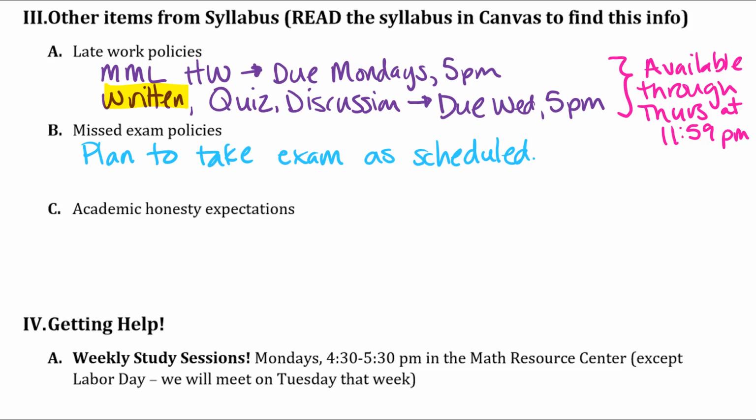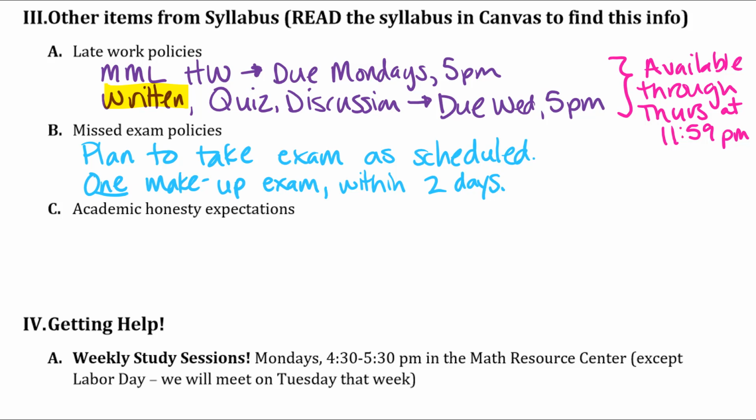I know that things occasionally happen, and so in an emergency situation, I will allow you to take one makeup exam. You will have to take that with me. So you'll need to contact me to figure out when and how we're going to do that makeup exam within 2 days.